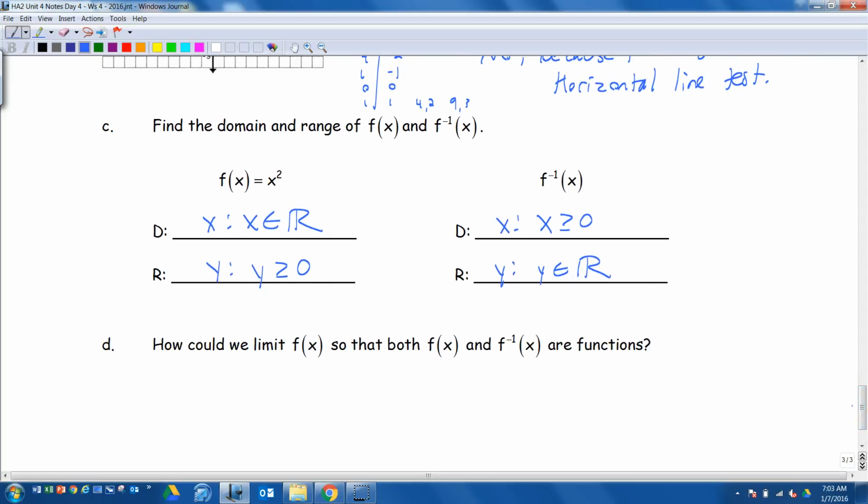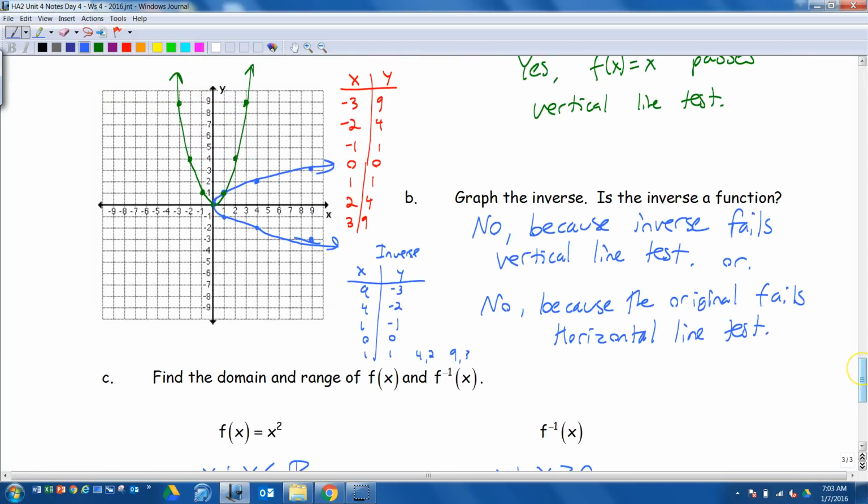How can we limit f of x so that both of those are functions? So basically, what would I say f of x only is? Well, the reason the inverse is not a function is that you have two parts of it. If we only have one part of it, for example, when x is greater than 0, then we're only going to have this piece here, which will make it a function.